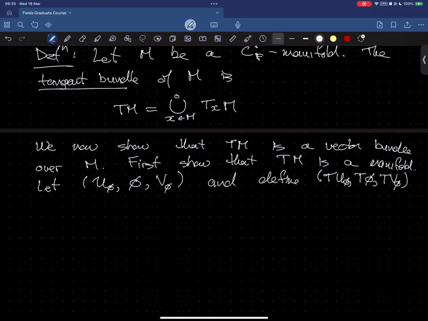I need to tell you what those are. Okay, so TU_φ is the set of all tangent spaces at points in U_φ. So it's the subset of TM where this union is taken not over M, but over just U_φ.